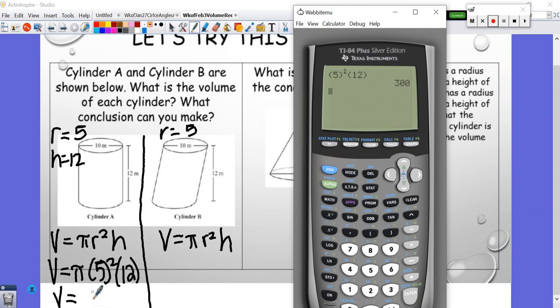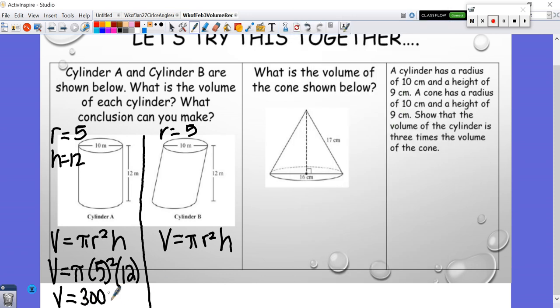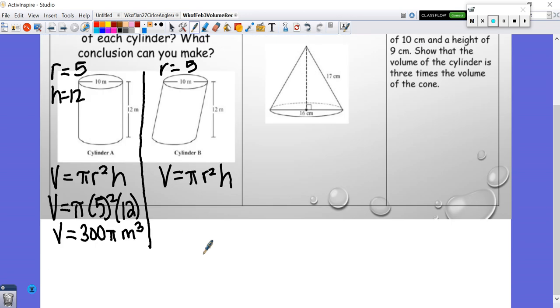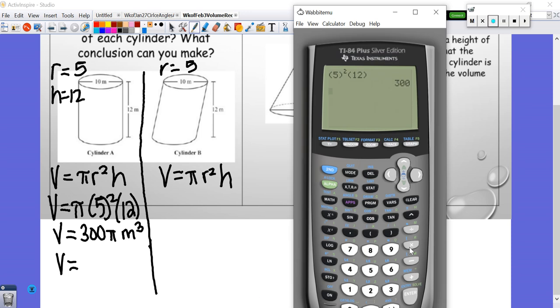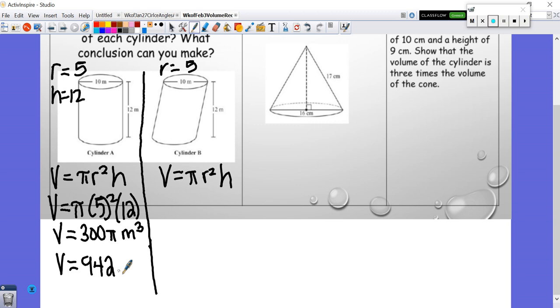And this is 300, so we're going to put 300 pi, and this is going to be meters cubed. And you can also get the approximate answer, so I'll go ahead and do that for you too. So volume equals, 300 times 3.14, and we get 942 meters cubed. So I have both answers, exact and approximate.